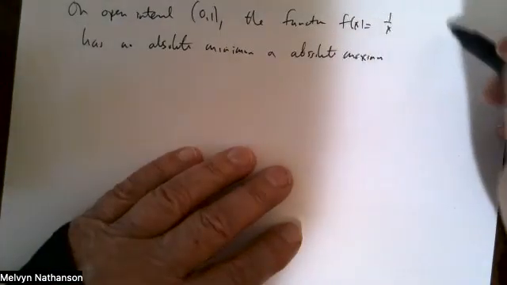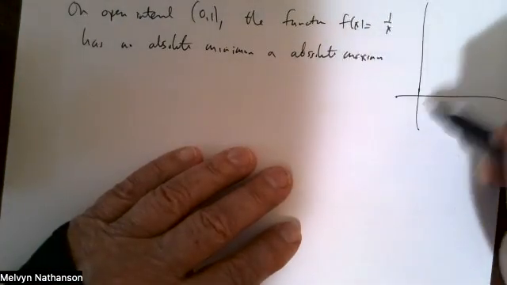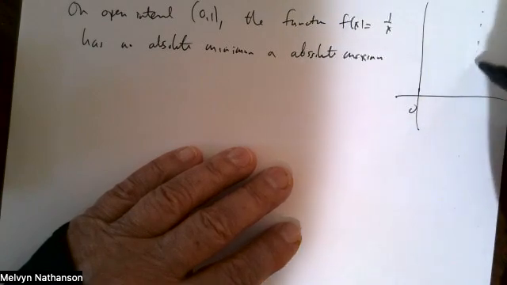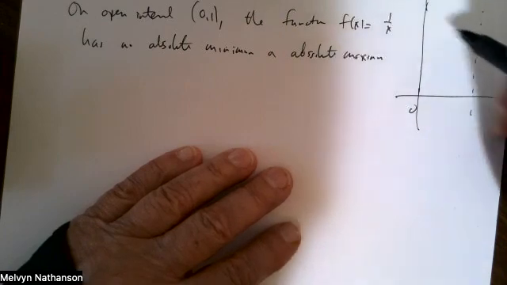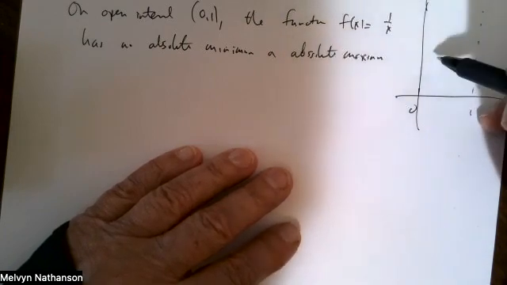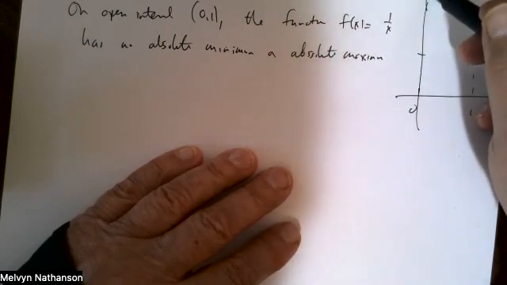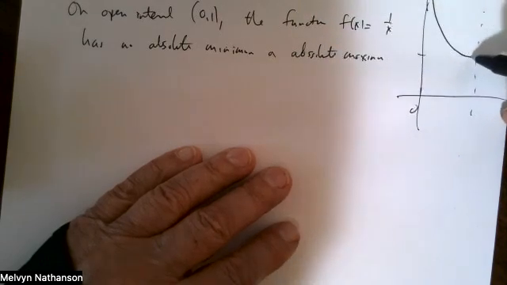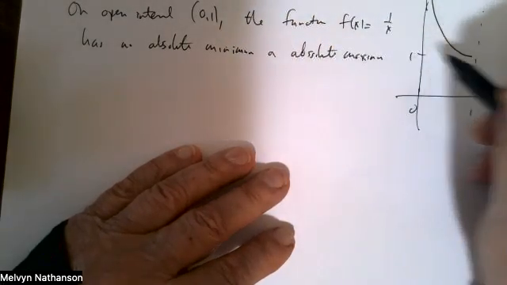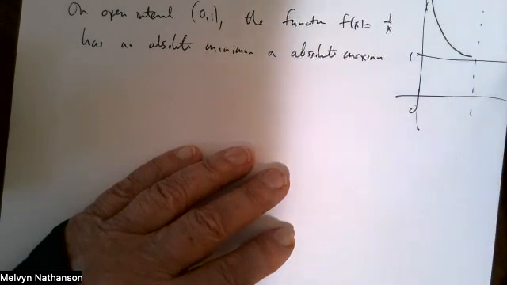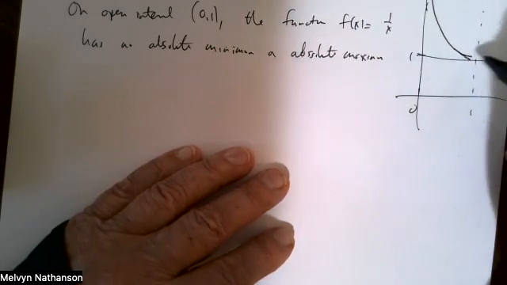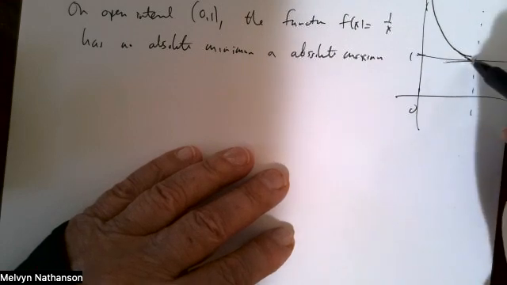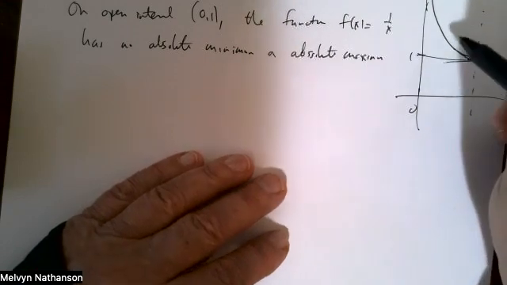So what does the graph of this function look like? From 0 to 1, as you approach 0, f of x equal 1 over x goes to infinity. And as you approach 1, the function is getting closer and closer to 1, but it doesn't hit 1.